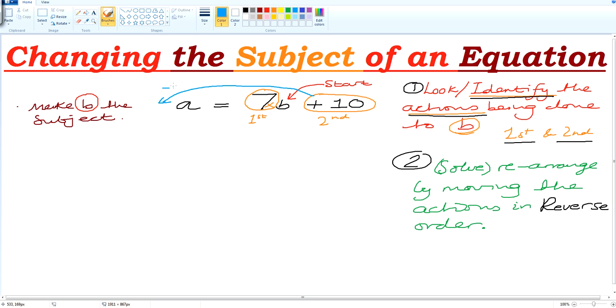It becomes a minus 10. So on the next line down, we write a minus 10 equals 7b. B back in black.